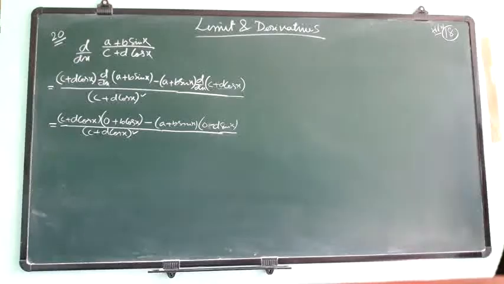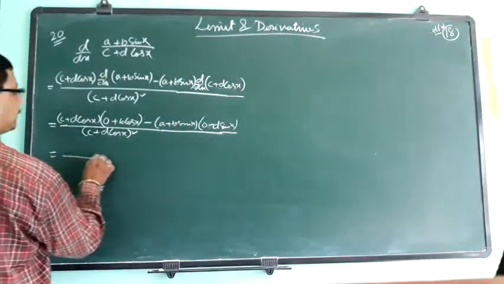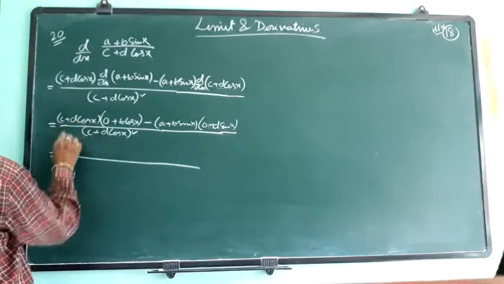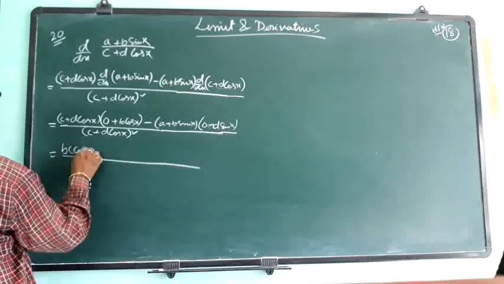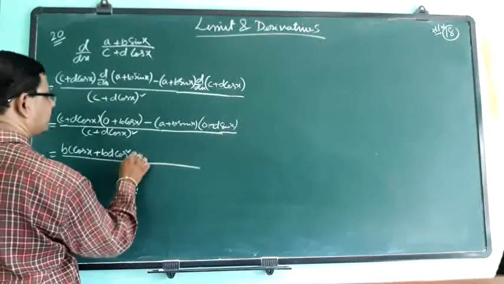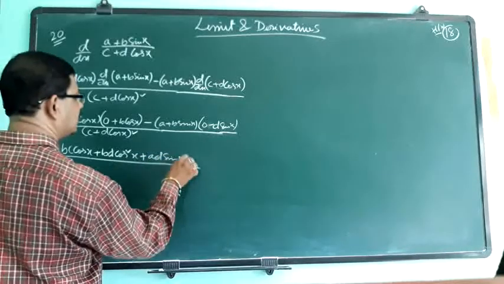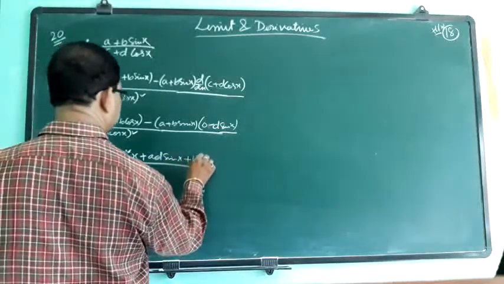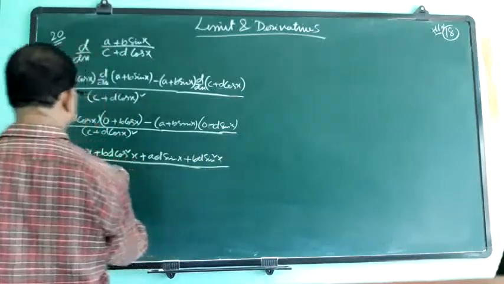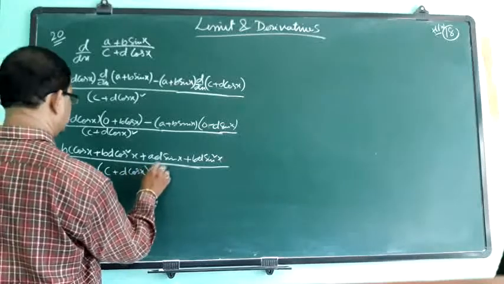How to do this one we have done. And now if we multiply, we get bc cos x, then bd cos square x minus 1 plus ad sin x plus bd sin square x, over c plus d cos x whole thing square.